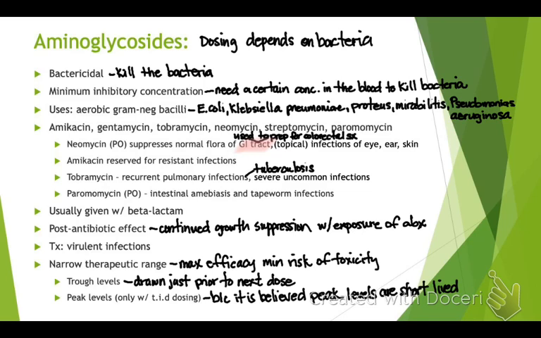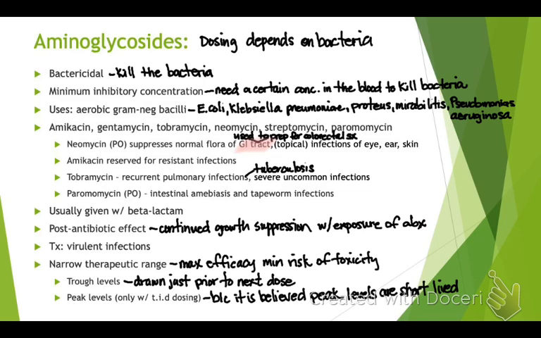They do have a post-antibiotic effect, meaning that they continue growth suppression after exposure to the antibiotic. Treatment, again, we treat these for virulent infections. They do have a narrow therapeutic range, however, with max efficacy and minimal risk of toxicity.